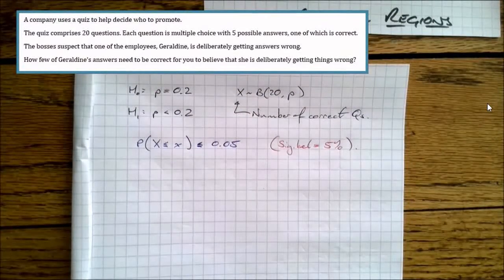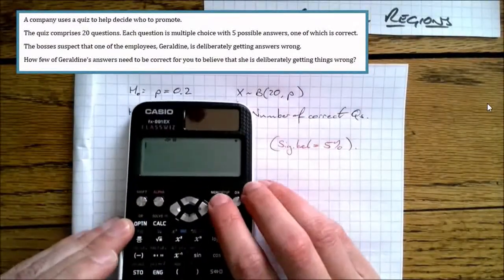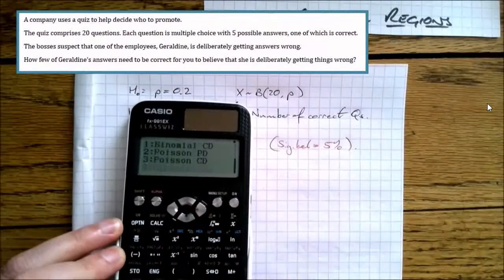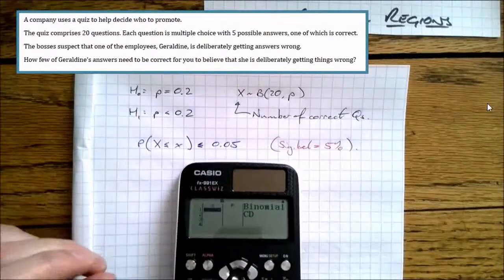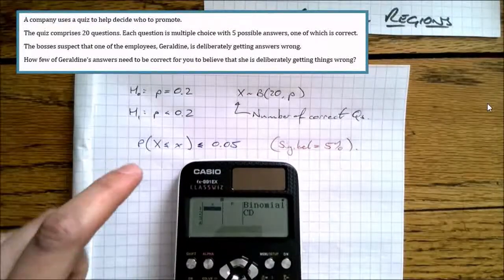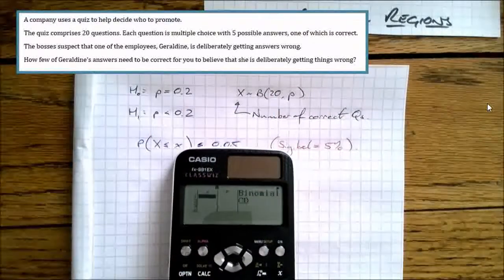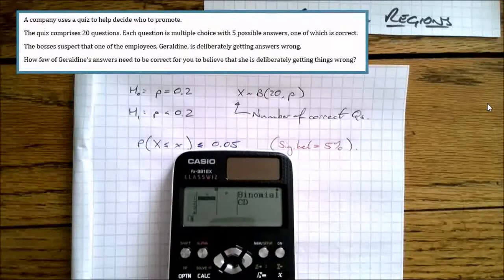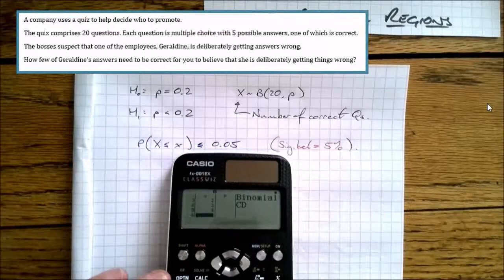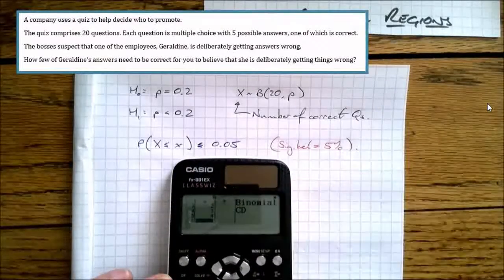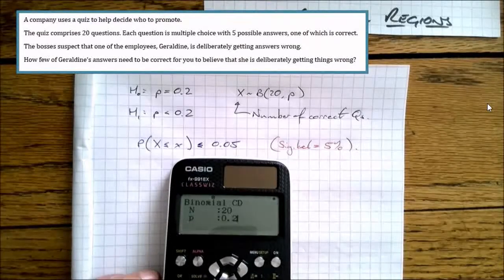Let's find the probabilities again. I'm going to show you both ways again. Calculator, binomial CD, list. So we're looking for the bottom end this time because we want it really small. Let's try x is 0, 1, 2, 3, 4. If it's not in this range, then we'll just have to check again. N is 20 and P is 0.2.